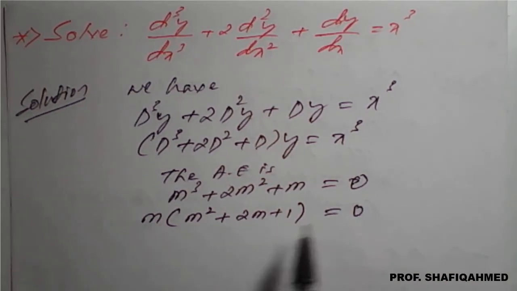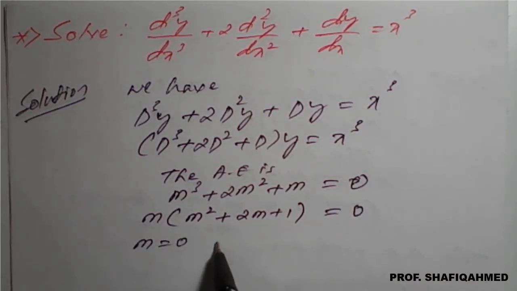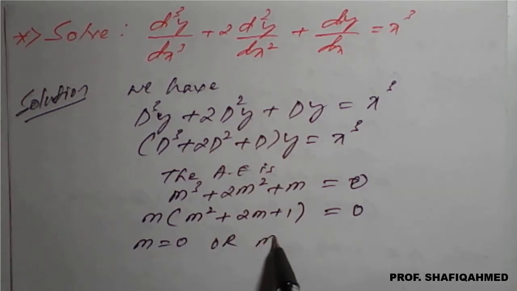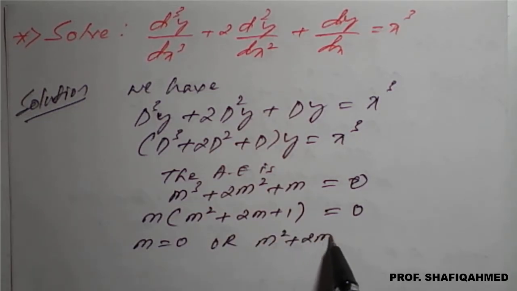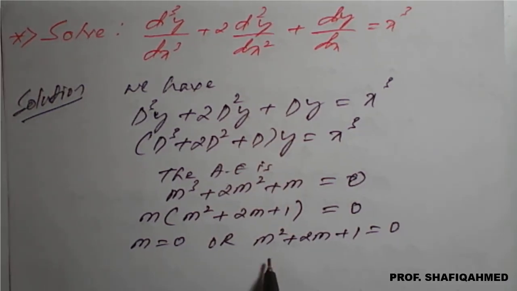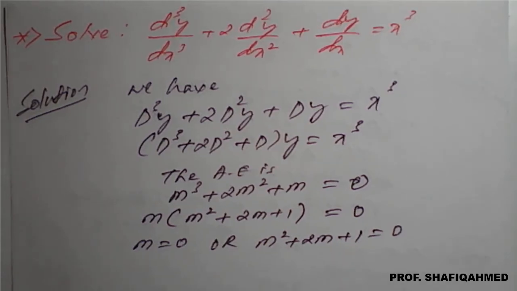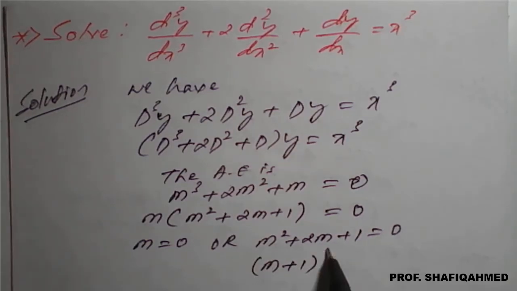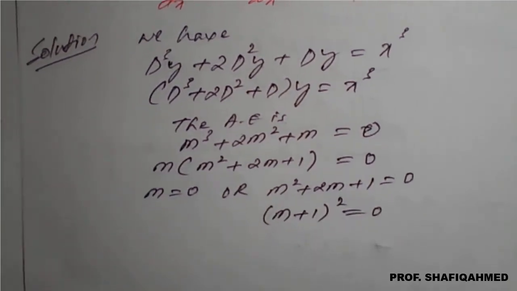Therefore m equal to 0, or the bracket, that is m square plus 2m plus 1 equal to 0. If you simplify, it is a square plus 2ab plus b square form. Therefore I can write this as m plus 1 whole square equal to 0.